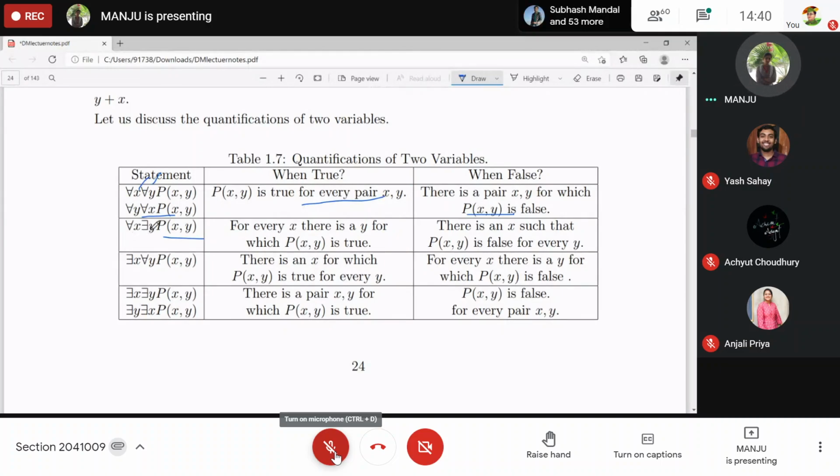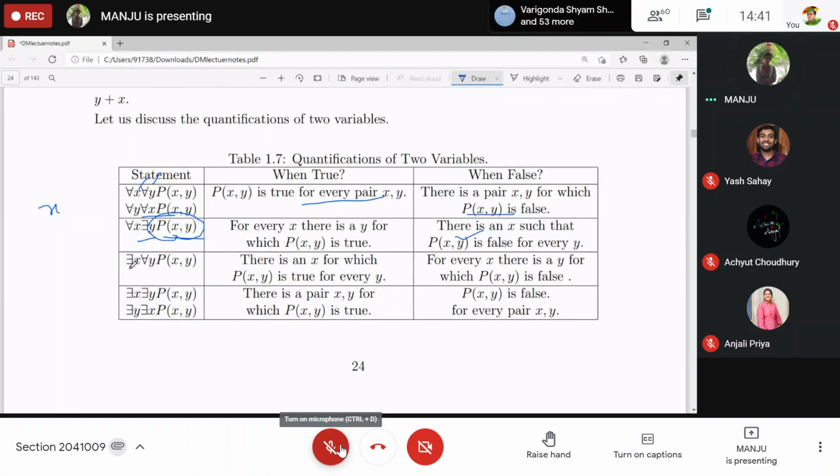If for every x you try all the y's and don't find this as true, that means there is some x which makes this false for every y. In that sense, this will be false.